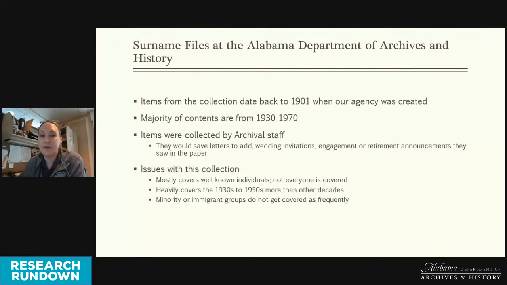So we have a lot of people who come in, or they see surname file on our research requests, and they get all excited and think, oh, perfect, this is exactly what I've been looking for. But unfortunately, there can be a lot of issues with that. Because it's going to cover the most well-known people. It's going to cover people who are typically going to be in the newspaper for certain time periods. And so not everybody's getting covered with a lot of frequency.